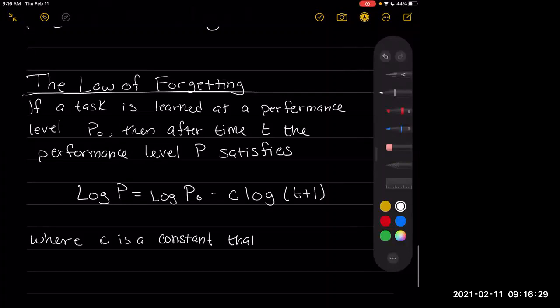that depends on the task that we are examining, and t is measured in months.